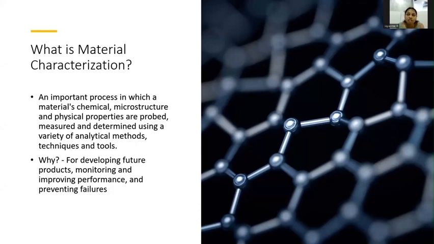So when newer technologies and materials come in, we have to understand how these materials are going to interact in the human body, and how they are going to behave in the in vivo environment. For this, various analytical tools are available, and it is important for a dental researcher to first know what tools are already available.